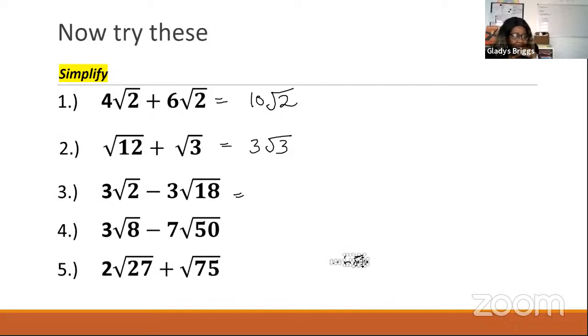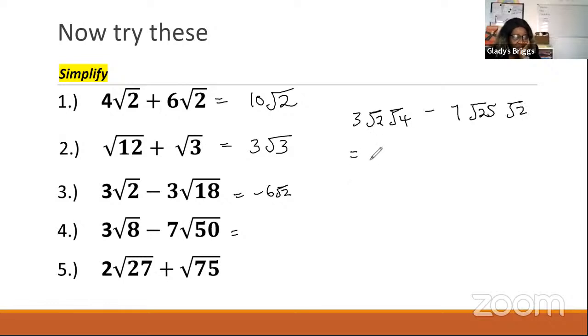I'm glad I put this topic in because I see lots of you need to know how to do it. 3 root 8 would be 3 times root 2 times root 4, and minus 7 root 50, which is 7 times root 25 times root 2.